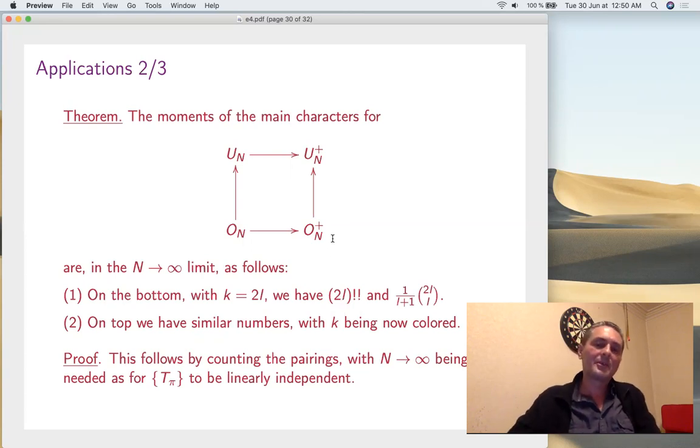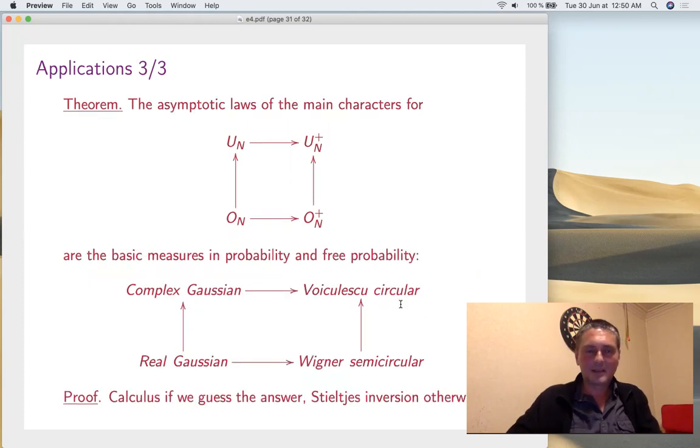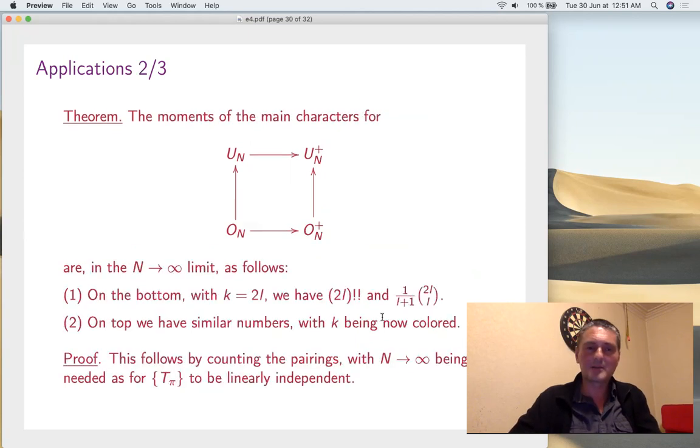That was for orthogonal things. In the unitary case, now k becomes colored. So it's this kind of numbers, but a bit more complicated depending on colors. So now we can compute the characters. We get these things from the moments. So what do you have?